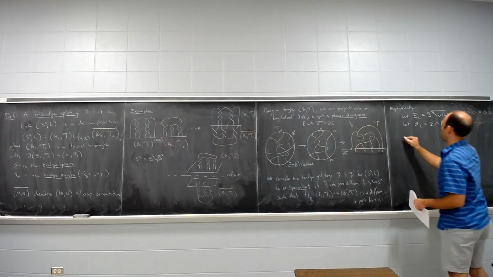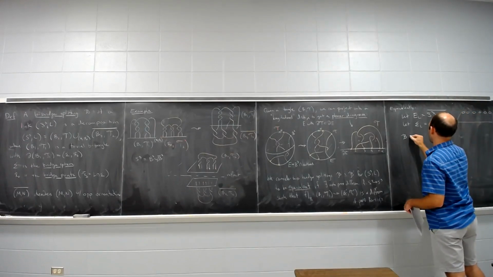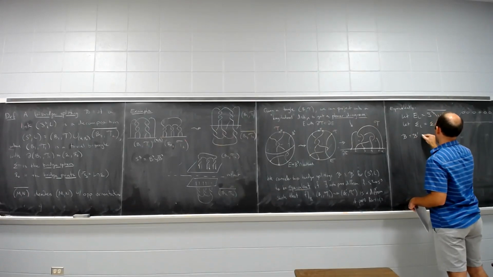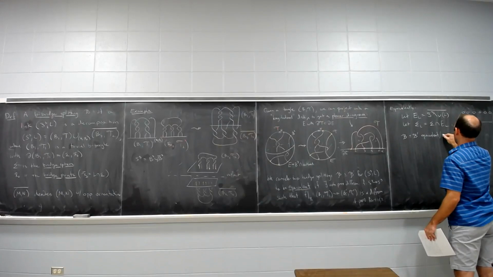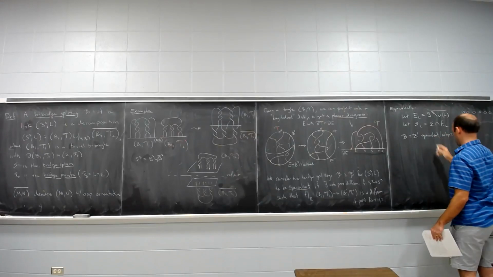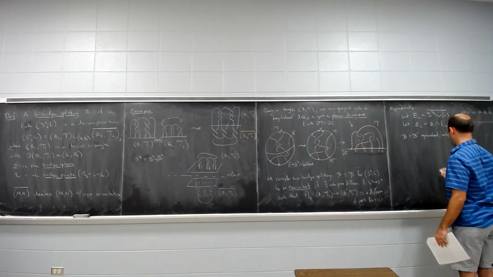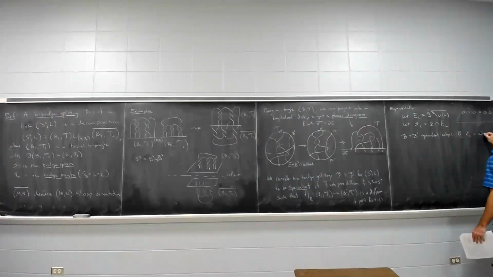Okay, so we have that B and B prime are equivalent if sigma L is isotopic to sigma L prime in the link exterior, about these surfaces, we can isotope them to coincide.